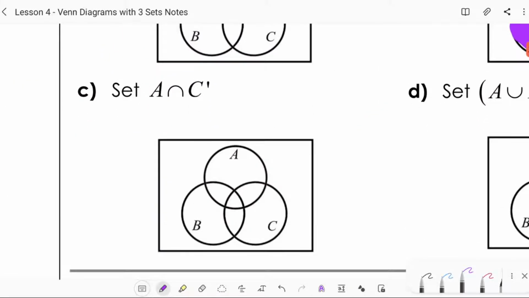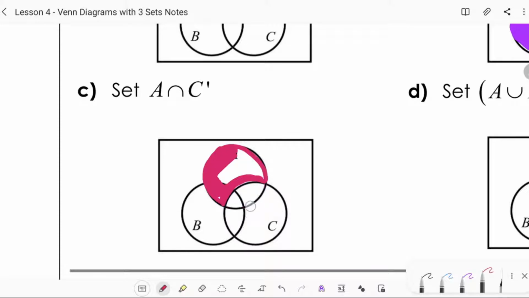A intersect C prime. So this is where A intersects with everything that isn't C. And so what that's going to look like is it's all of set A minus, not including, anything that might overlap with C. Another way to think of it is to think about sketching or shading in all of A to start, right?